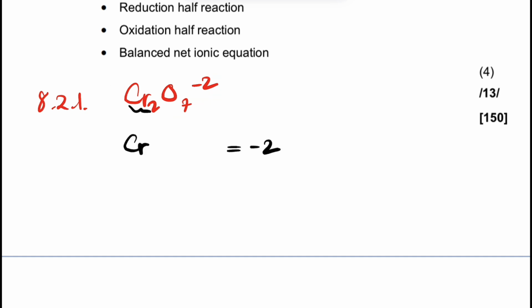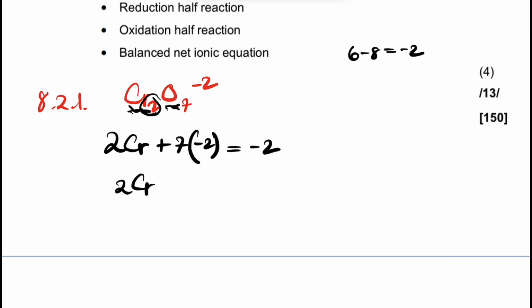And we wanted the Cr, and how many Cr? 2 of them, so 2 times Cr, plus the oxygen. How many oxygen? 7. And what is the oxidation number for oxygen? It's -2. Oxygen is in group 6, so 6 minus 8 is going to be -2.